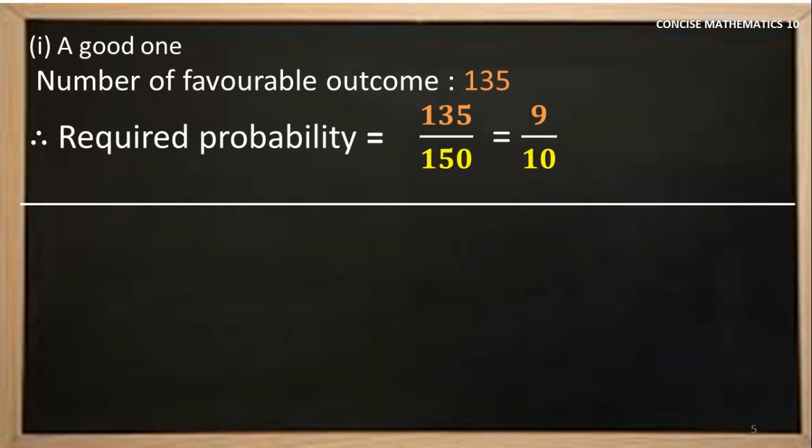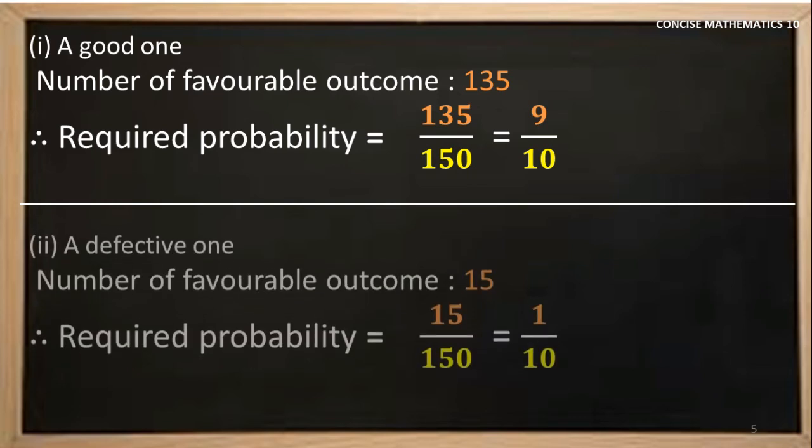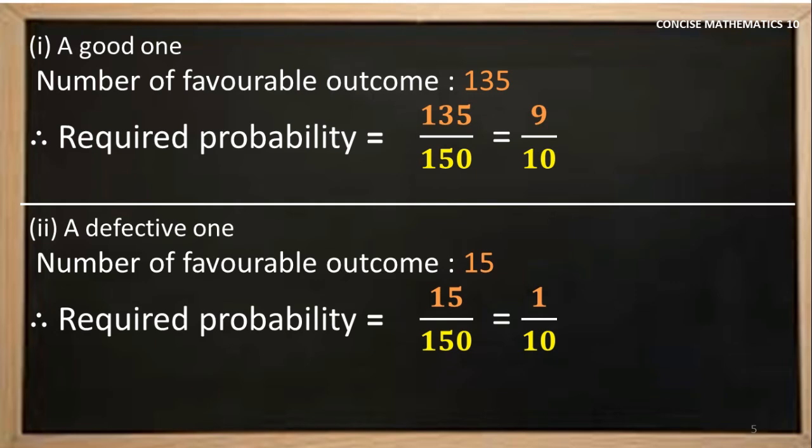In a similar way, under sub question 2, it says, what is the probability that the bulb taken out is a defective one? How many defective bulbs are there? 15. Hence the probability is 15 by 150, which is equal to 1 by 10. Next, question number 23. 4 defective pens are accidentally mixed with 16 good ones.